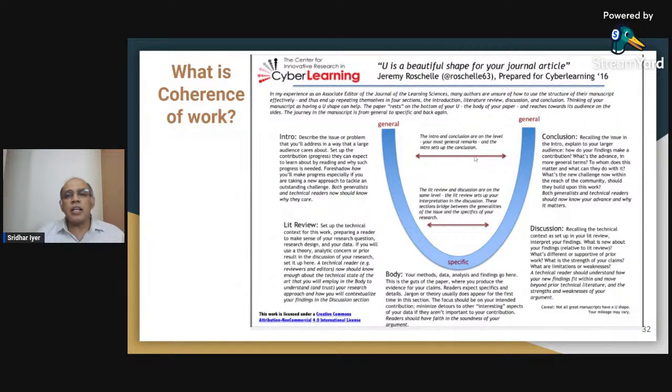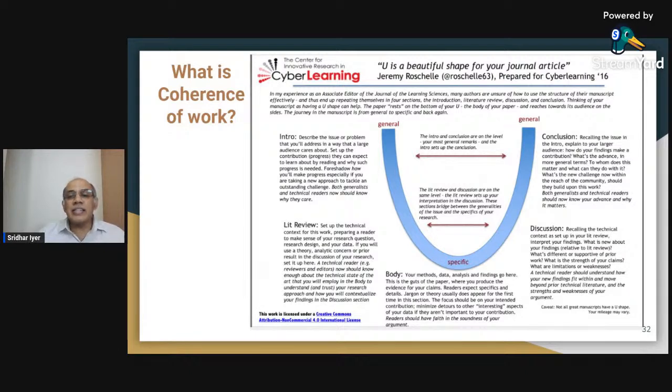So introduction and conclusion are at the same level. General means they are at a broad level. Okay. So in the introduction, you set up the problem such that the audience cares about it, and in the conclusion, you are explaining to them how your findings actually addressed the problem that you had set up.